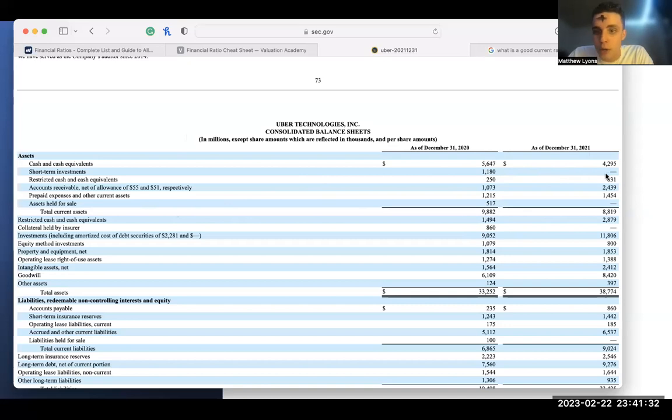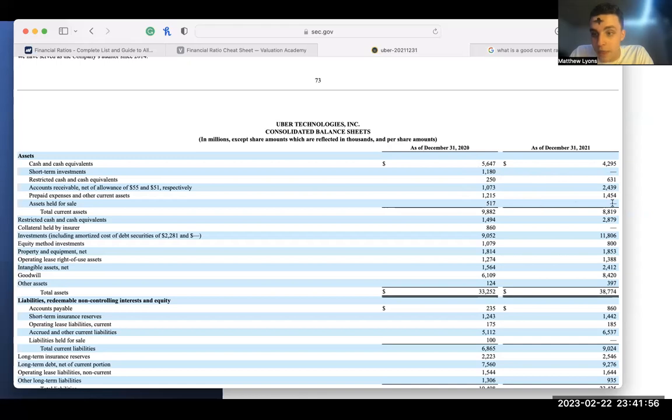They have no short-term investments. So it looks like from 2020 to 2021, they sold $1 billion worth of short-term investments. Interesting. And on top of that, their cash and cash equivalents went down by 1 billion. That's something to look at.